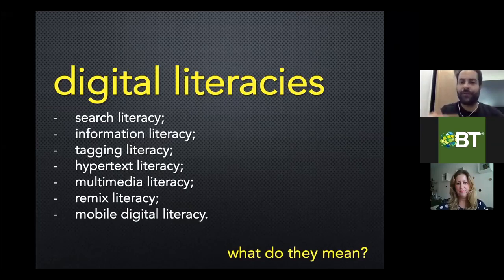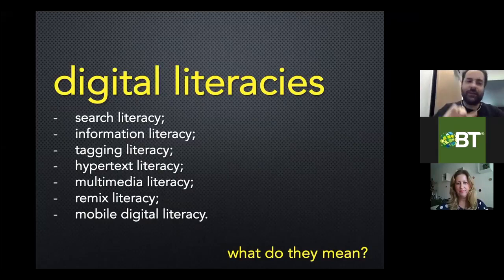So all of these are digital literacies that we can help our students develop in class in ELT lessons. But what do they mean? Many of them, what does search literacy mean? Well, it means helping our students search for information.